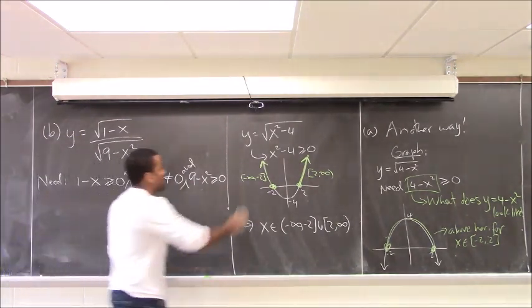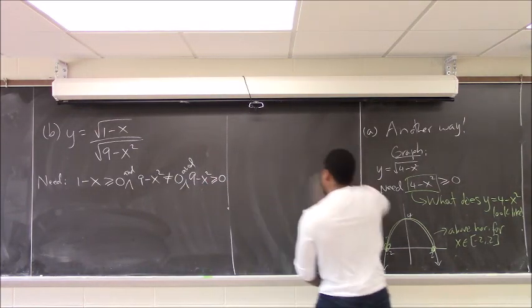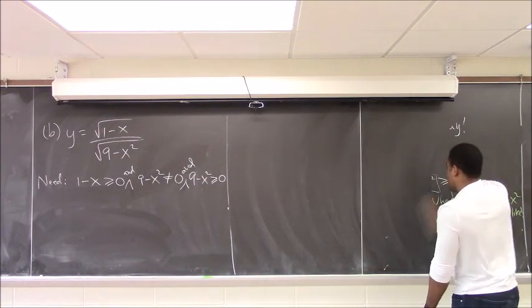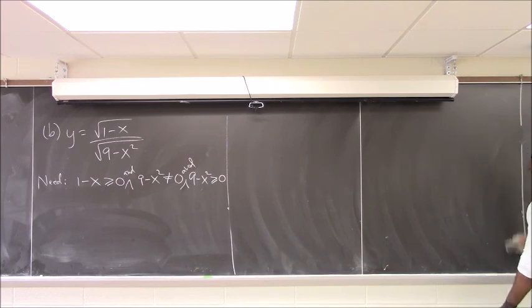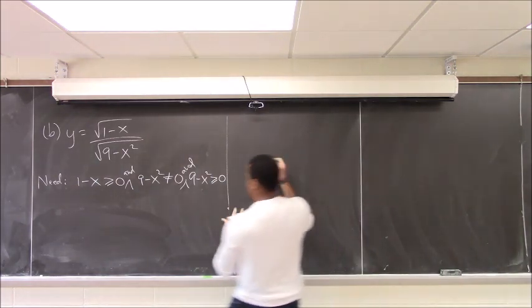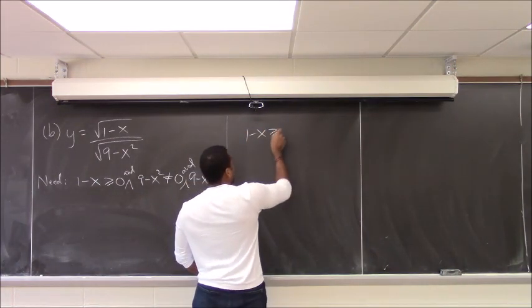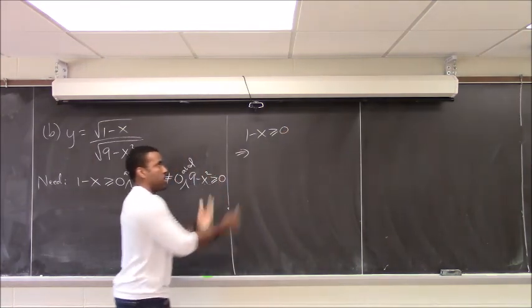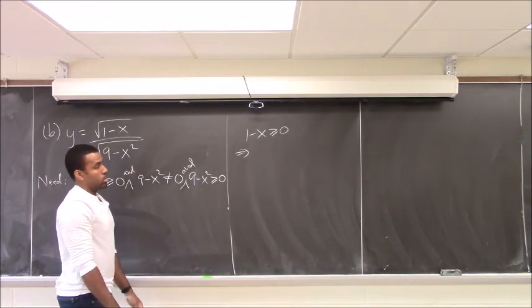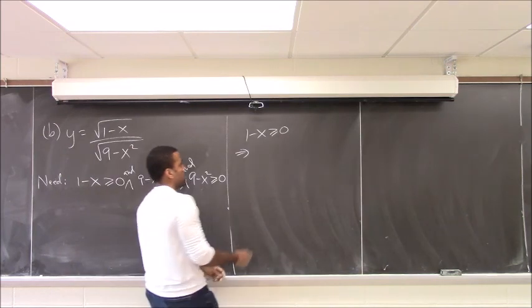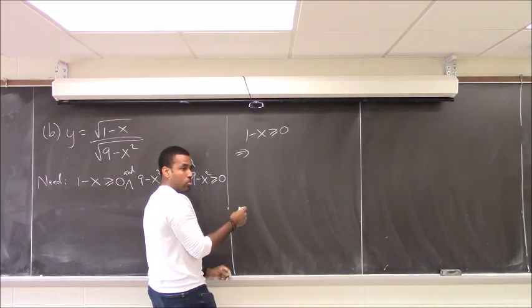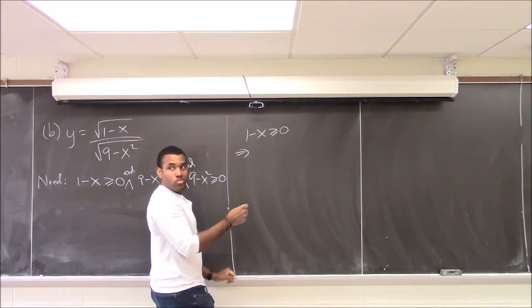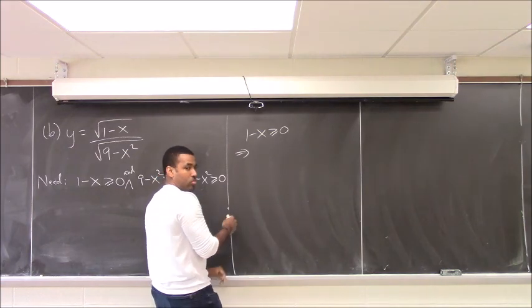Now, what does that mean we need to happen? So what you would do is you would do them one at a time, as I was saying. So we first deal with 1 minus x greater than or equal to 0. What does that mean? Tell me about x.